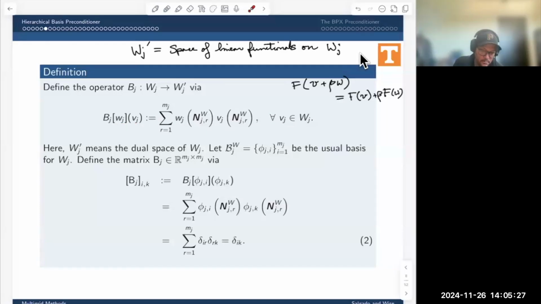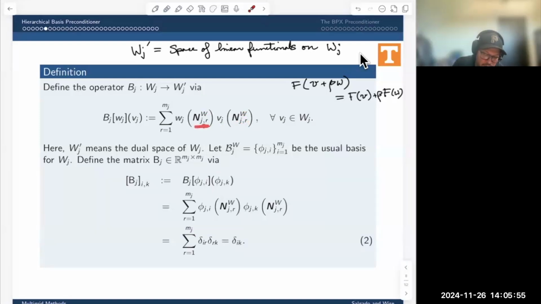Here's how it's going to work. I'm just going to add up the sum r equals 1 to mj, wj at the nodes NJWR, times vj at NJWR.